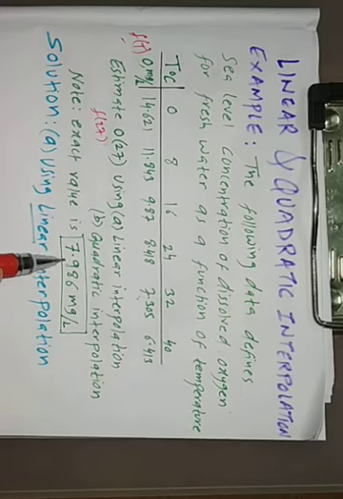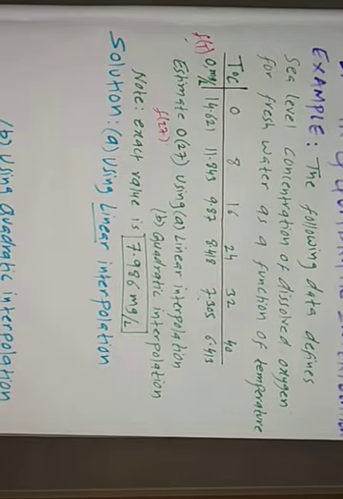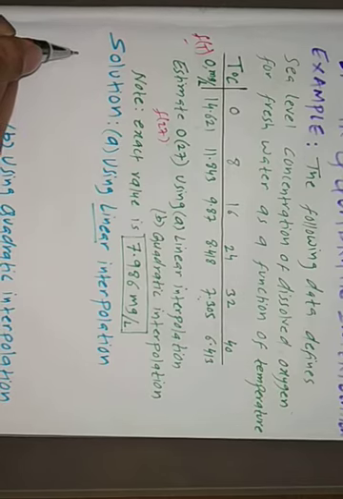It is 7.986 mg per liter, remember. Okay, when we will calculate the values using linear and quadratic interpolation, we will compare this value. So first we will use linear interpolation. So what is the equation? Do you remember?